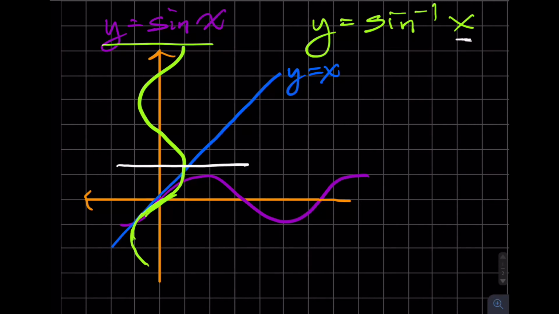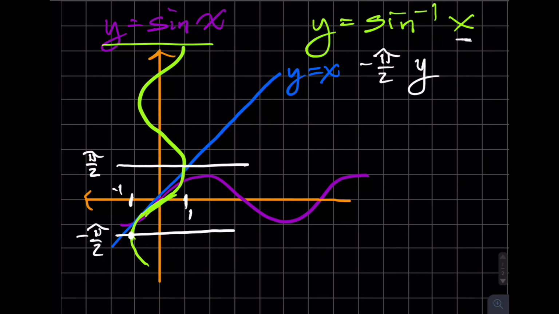And so the inverse sine function has a range restriction of pi over 2 down to negative pi over 2. And of course its domain, because of the range of the sine function, is going to be negative 1 to 1. So inverse sine is restricted to be between negative pi over 2 and pi over 2.